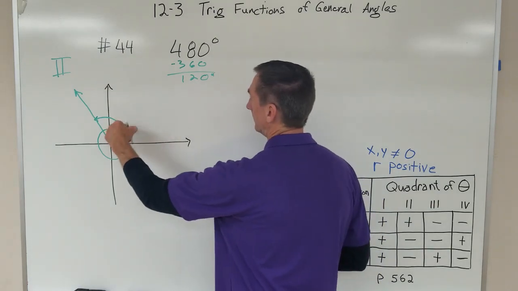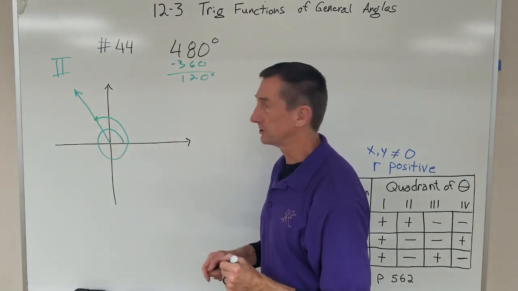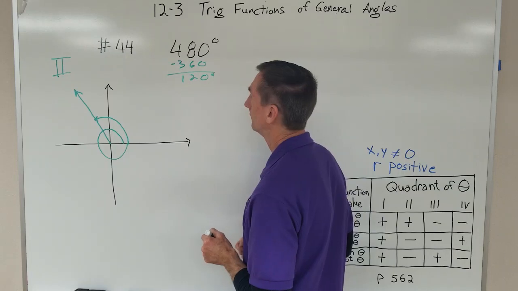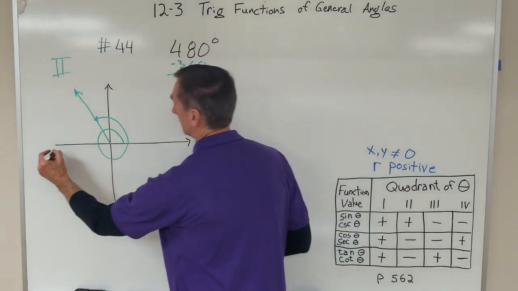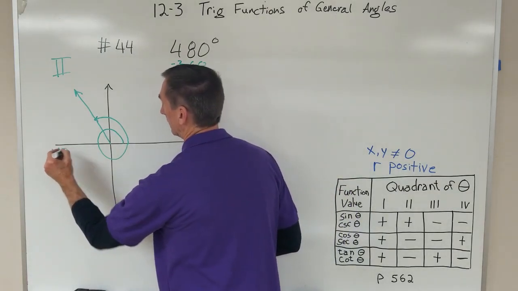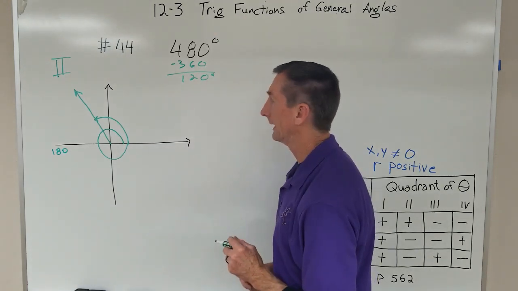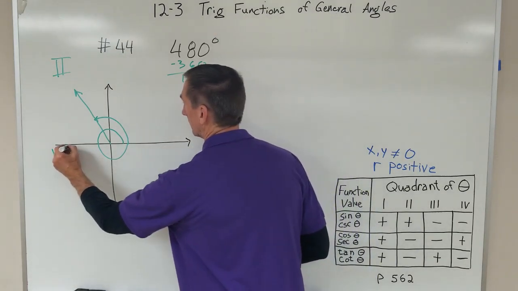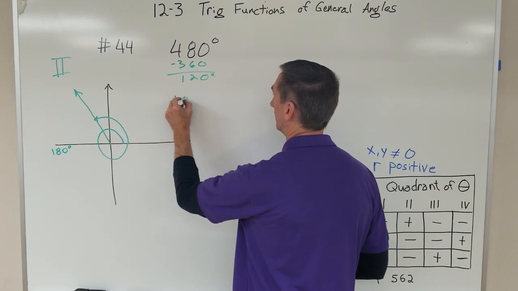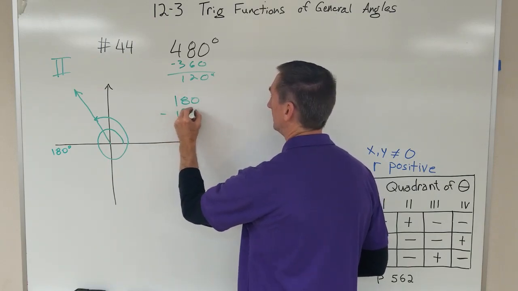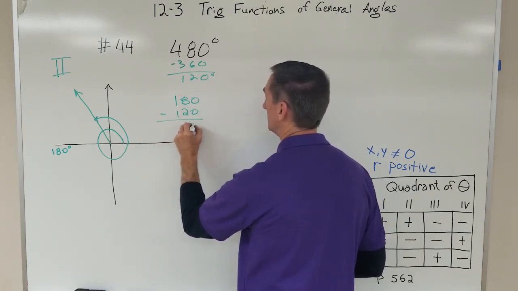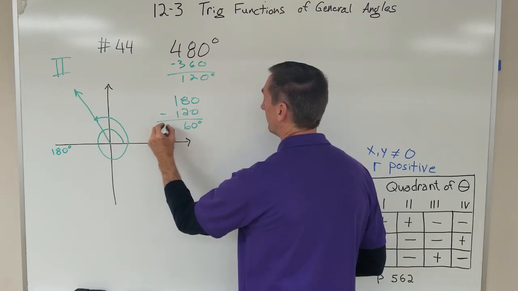Okay, but for this particular problem, let's take a look here. Since I'm over here at 120 from the origin, we're going to be using the 180 quadrantal angle. So let's take 180 minus 120. That leaves us with a 60-degree reference angle.